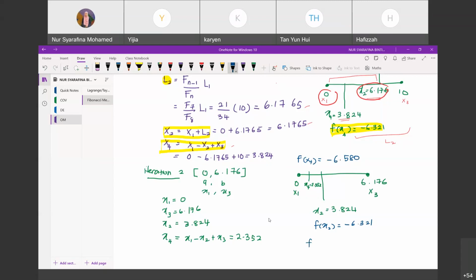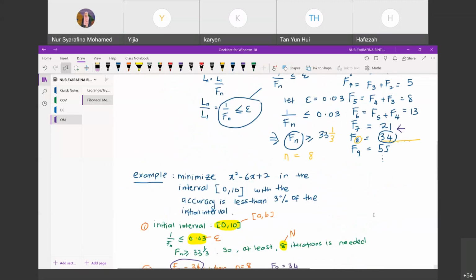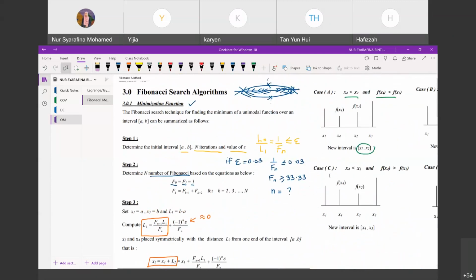As you can see, f(x4) is now less than f(x2). When f(x4) is less than f(x2), look at the case, either case A or case B.